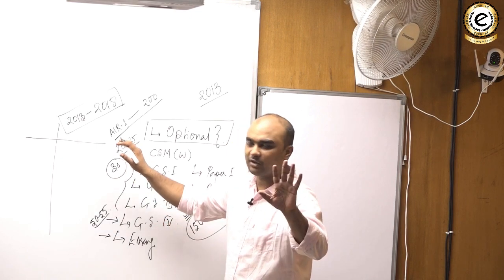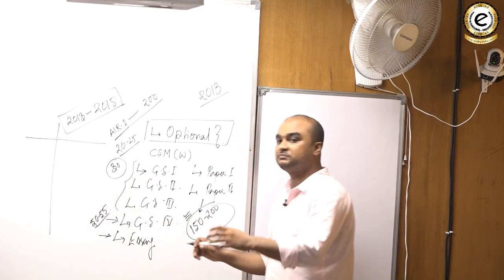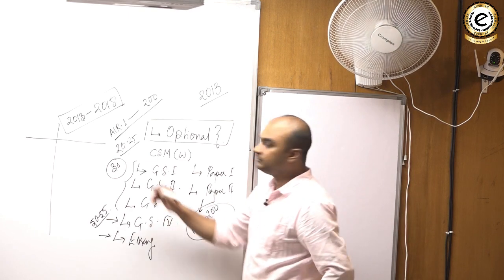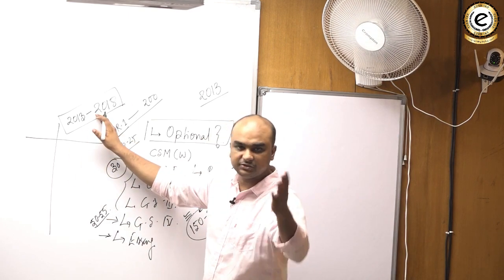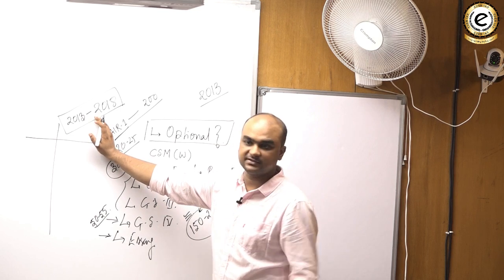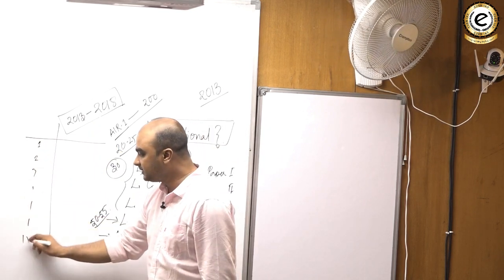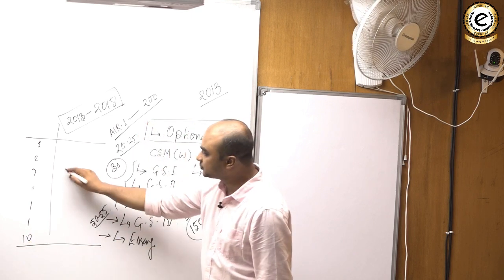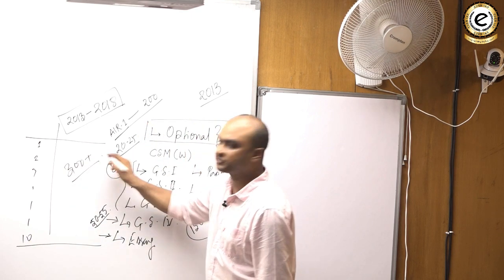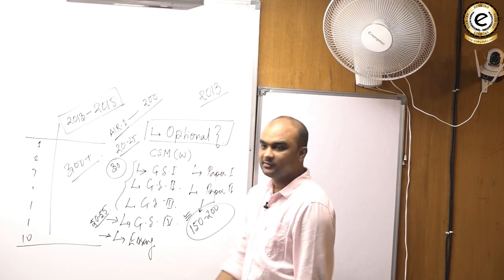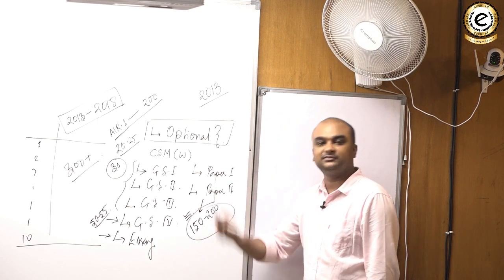So we must not bother ourselves with situations that prevailed prior to 2013. But when you look at these 6 years in continuation, it is not a coincidence that you will find that all those who are in the top 10 have scored big in the optional. Why? Because optional is the game changer.